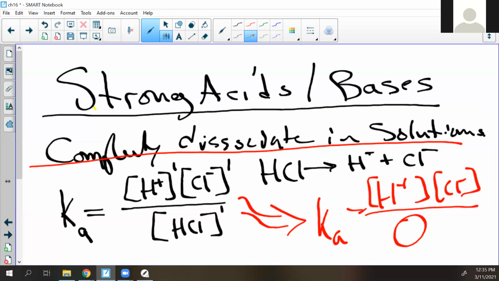We don't worry about it. That number's almost 0, so Ka is gigantically large, and we will not find K values for strong acids and bases. Since this completely dissociates, there is no HCl. So for strong acids or bases, we do not calculate Ka or Kb.